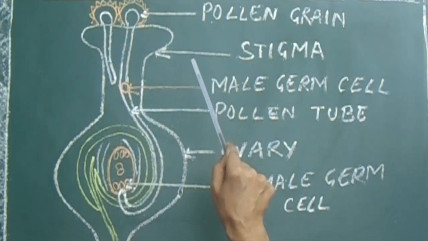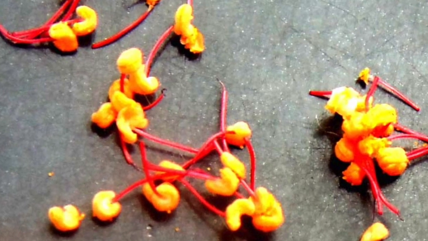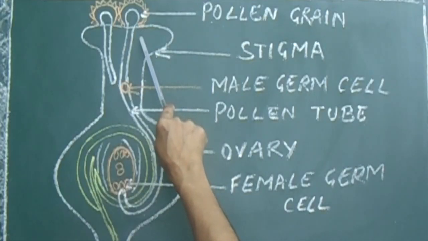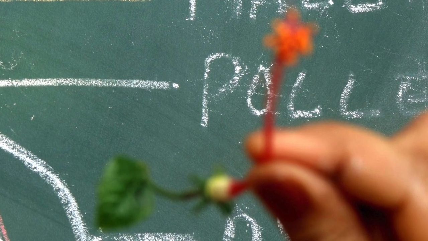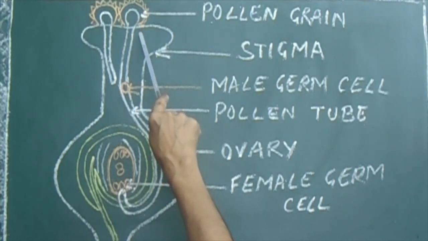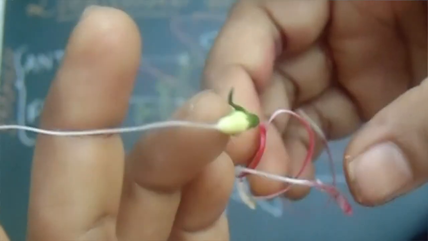Now these agents will carry pollen grains, and then they'll sit where? In the stigma of the flower. This pollen has to reach where? To the female germ cells. These female germ cells are present in the ovary.